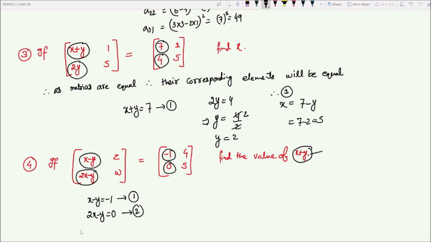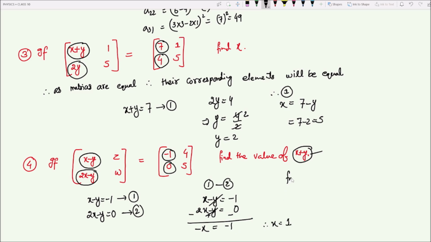This is equation number 2. Now solving them, subtracting 1 minus 2. So x minus y is equal to minus 1, 2x minus y is equal to 0, minus plus minus. This cancels out. x minus 2x is minus x, equal to minus 1. Therefore x is equal to 1.